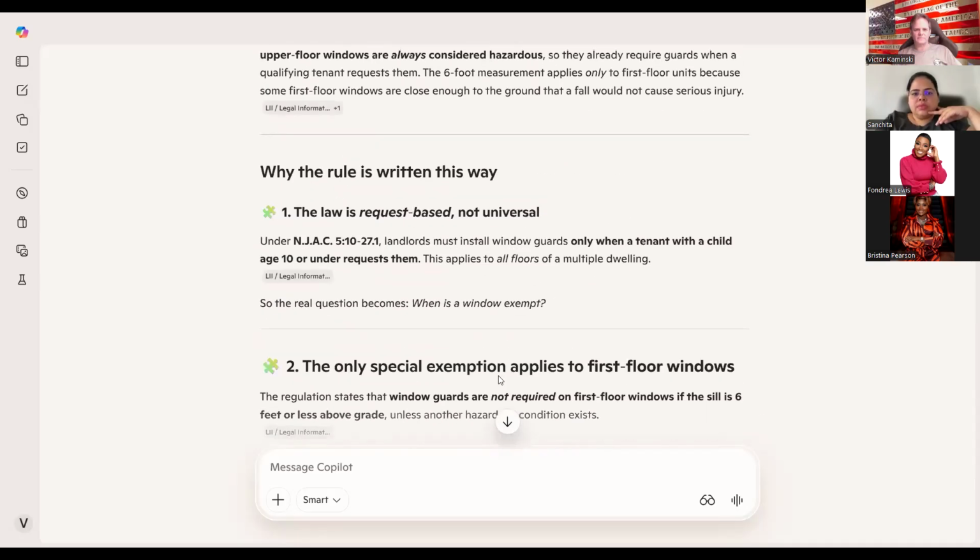Got it. Here, I'm going to actually steal that code right there.